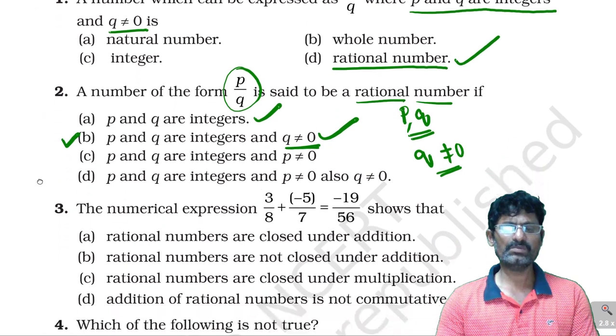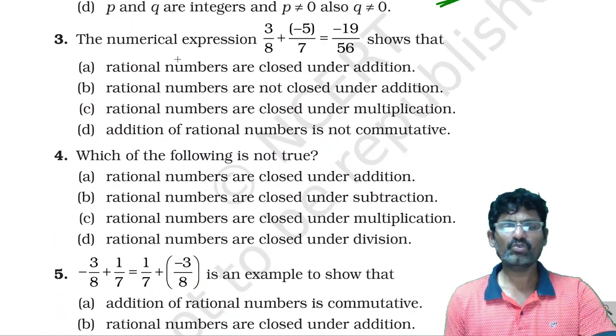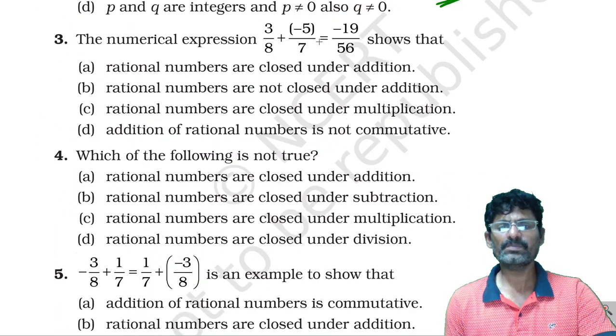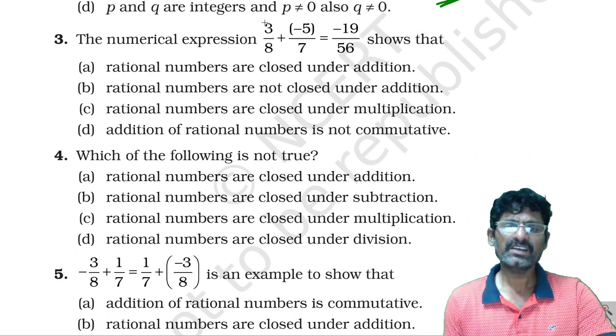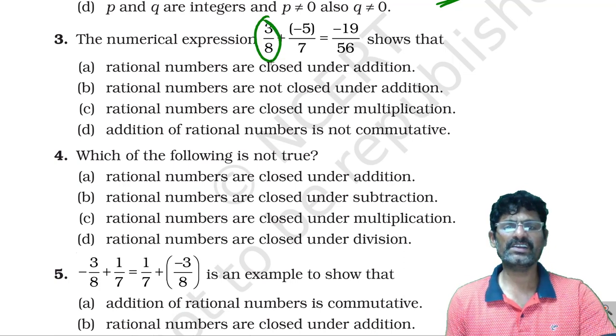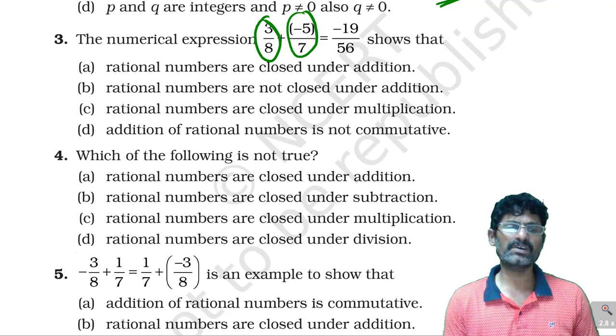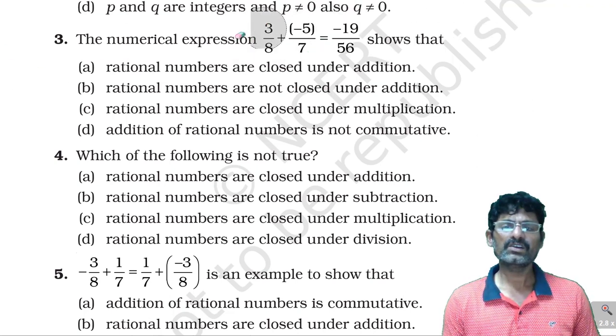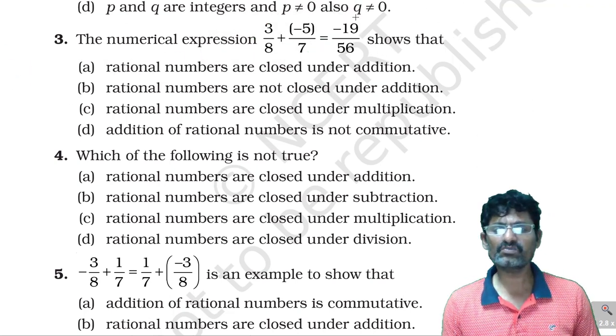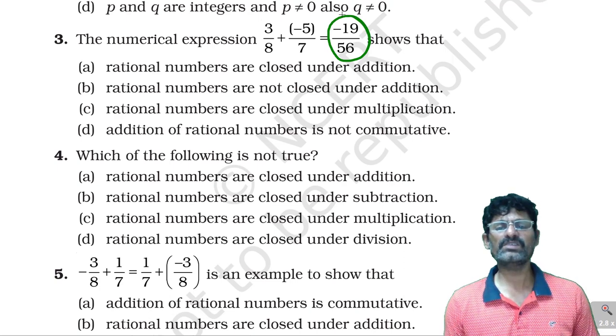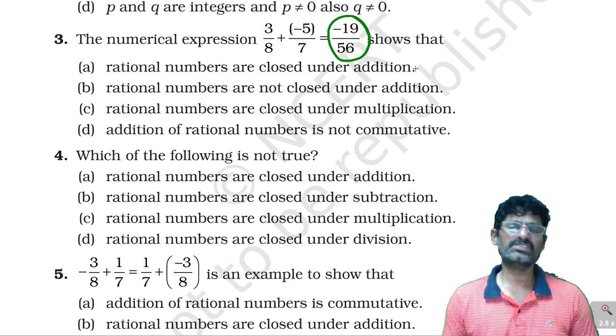Now let us go to the third problem. The numerical expression 3 by 8 plus negative 5 by 7 equals negative 19 by 56 shows that. Here 3 by 8 is a rational number, and negative 5 by 7 is also a rational number. If we add two rational numbers, what do we get? Negative 19 by 56, which is also a rational number.